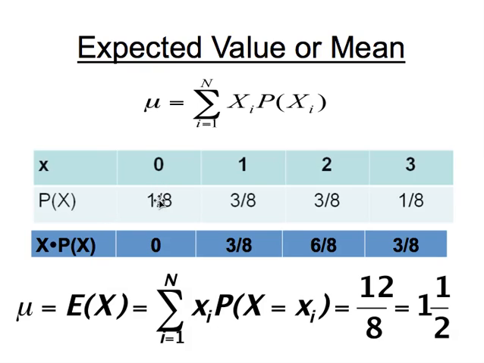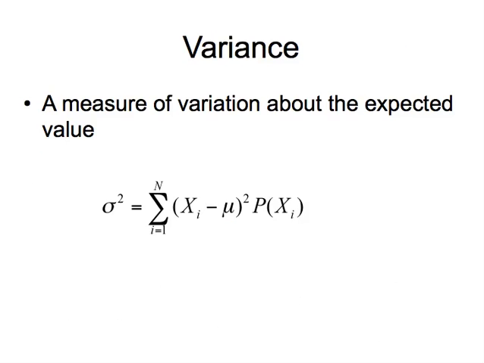So 0 times 1 over 8 gives me 0. 1 times 3 over 8 gives me 3 over 8. 2 times 3 over 8 gives me 6 over 8. 3 times 1 over 8 gives me 3 over 8. Now I'm going to sum that. It works out to be 12 over 8, which is 1.5. So I'd expect 1.5 of the children to be girls. Of course, we cannot have 0.5 of a girl, but statistically, that would be the value. There's an equal chance of having a boy and an equal chance of having a girl.